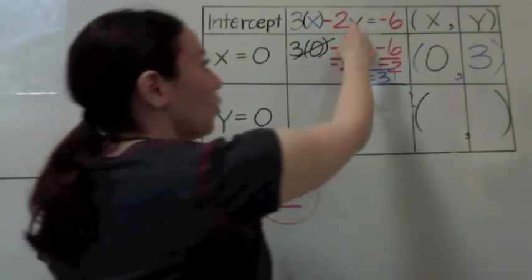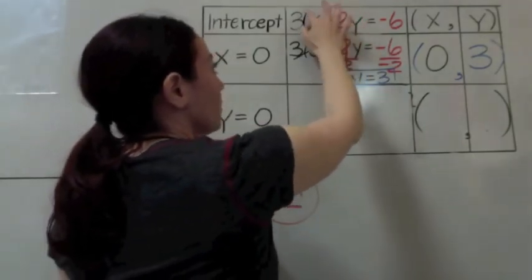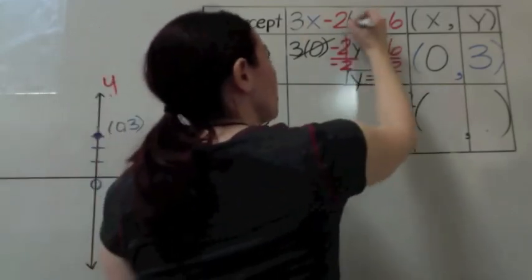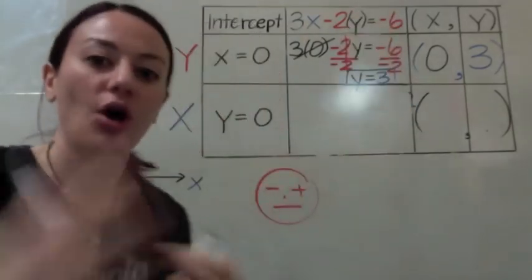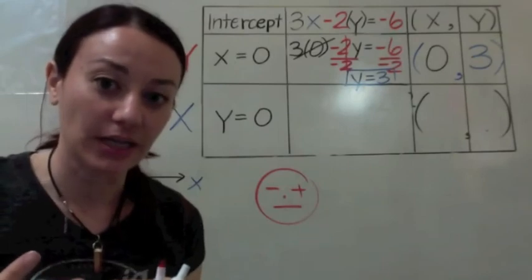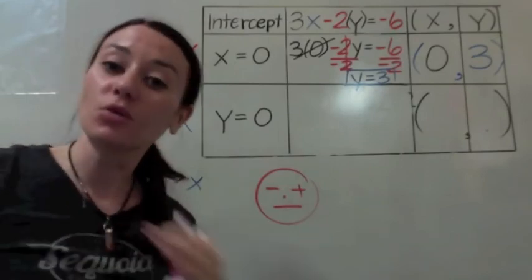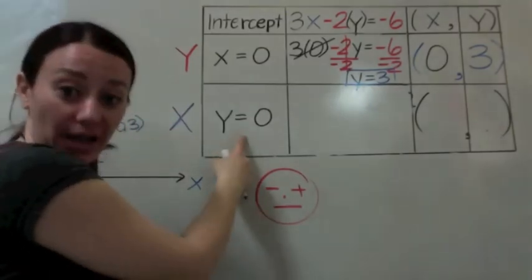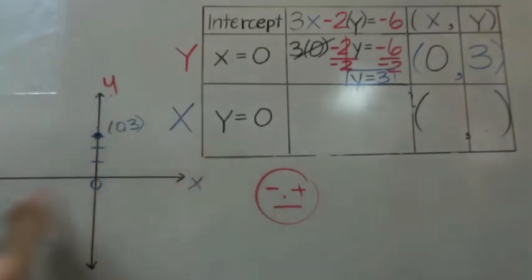All right, next one, okay? Now we're going to make y equal to 0, so we could put parentheses around y, if that helps you, to show you that this is multiplication. Are you understanding that? Yeah? Okay, but because we're always multiplying 0, we end up crossing out y when we're trying to look for the x-intercept now.